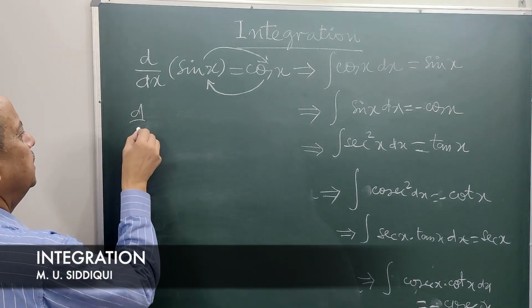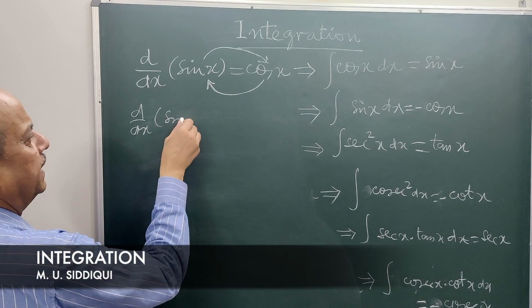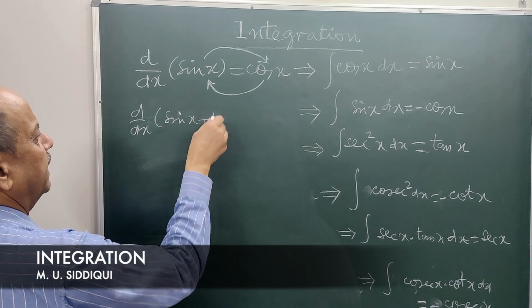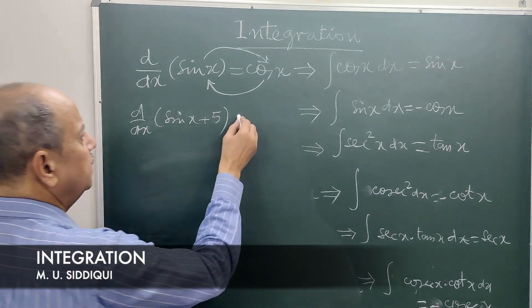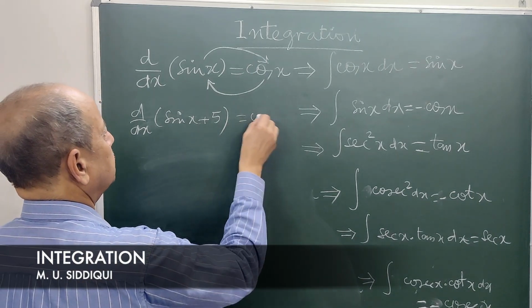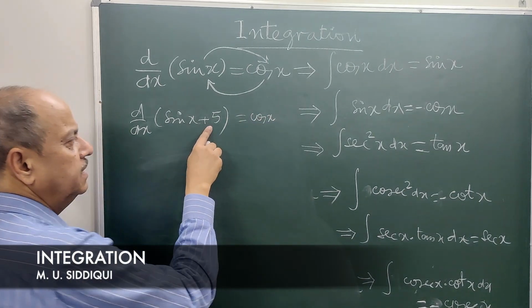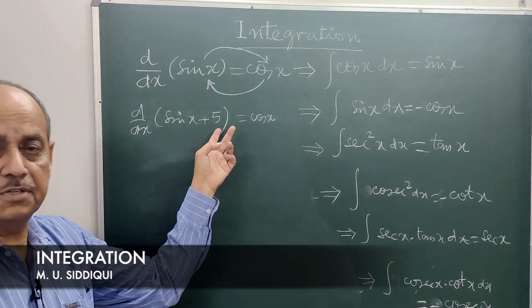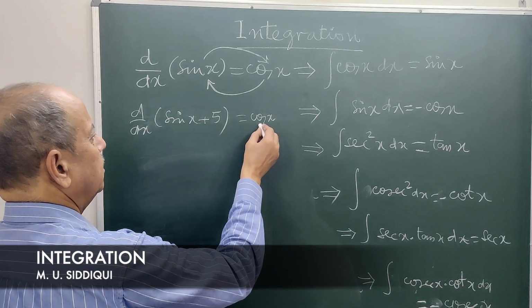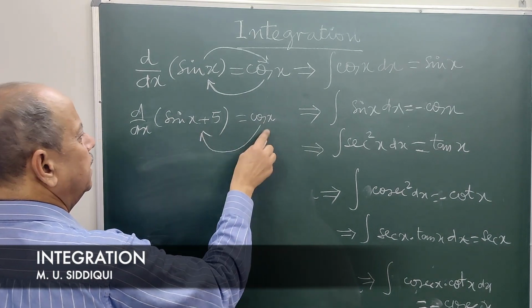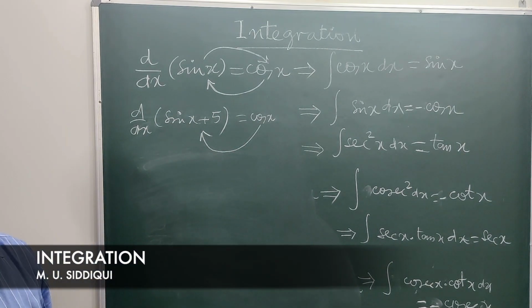See, if you consider d dx of not only sin x, but sin x plus 5, simply we have added a constant 5. So this will be equal to cos x, because the differentiation of 5, which is a constant, will become 0 only. And therefore, you can say that cos x when integrated may give you sin x plus 5.